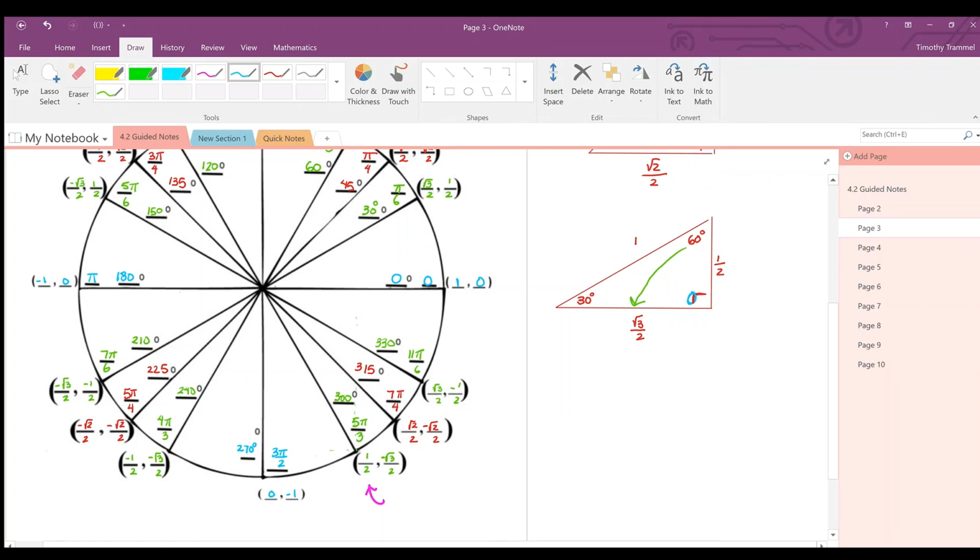Okay. So right here would be pi, and if you add one more pi over 6 to this, that'll be 7 pi over 6, and so that will put us right here. Okay, this is minus 7 pi over 6.